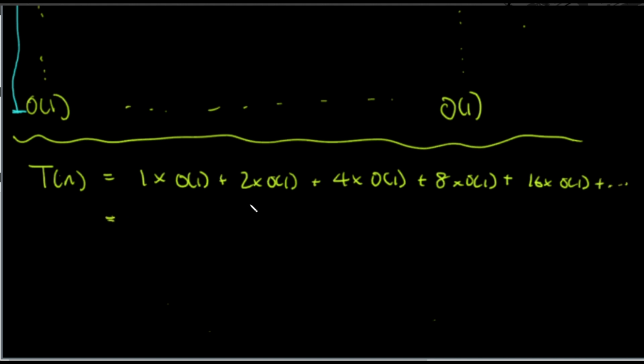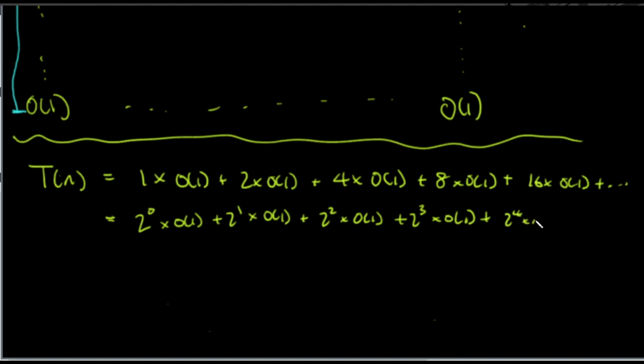One thing we can notice is that these are all powers of 2. So this is 2 to the 0, 2 to the 1, 2 to the 2, 2 to the 3, and lastly 2 to the 4, and that continues.